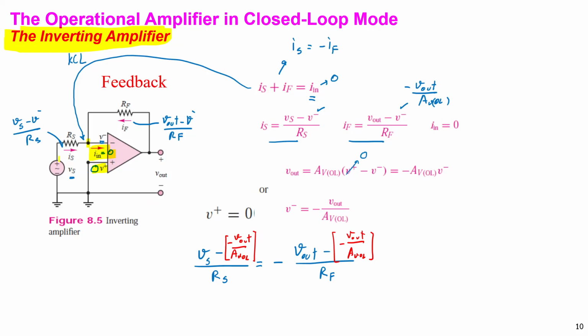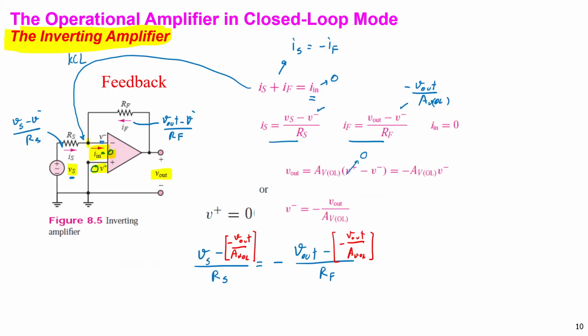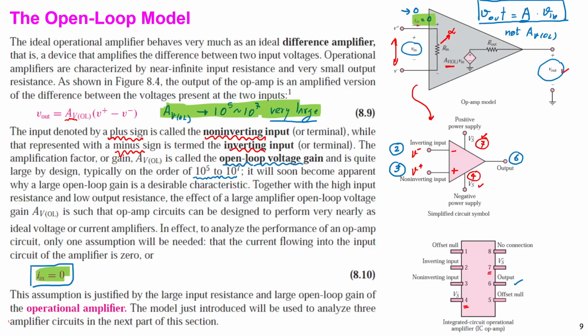Vs and Vout will have this relation, and this is A. So if A open loop approximates infinity, what happens to these two terms? If we consider open loop gain is very large, we talk about open loop gain that is 10 million something, right?